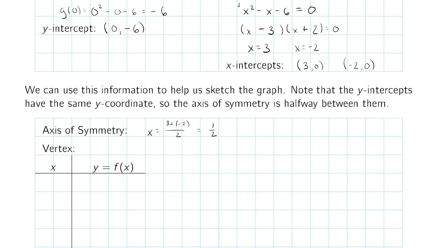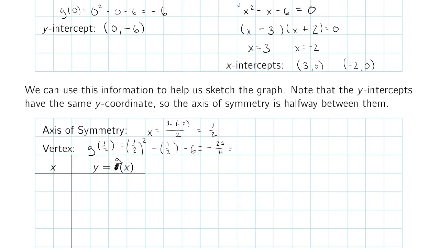And then to find the vertex, we'll take g of 1/2, which is 1/2 squared minus 1/2 minus 6. Now that's going to work out to negative 25 fourths, which is going to be hard to draw.